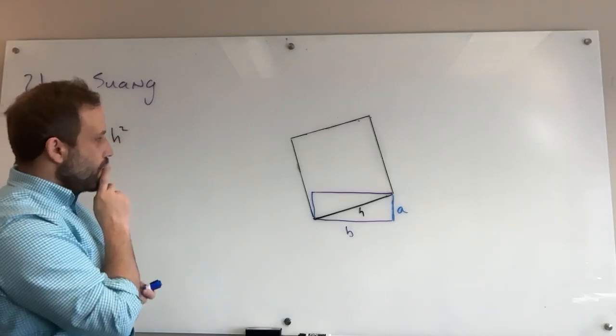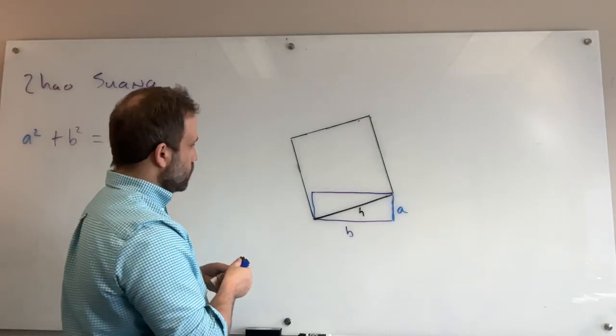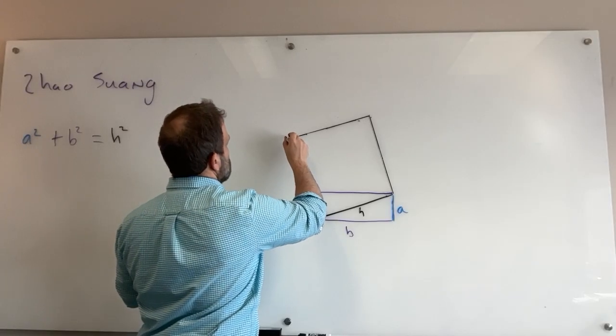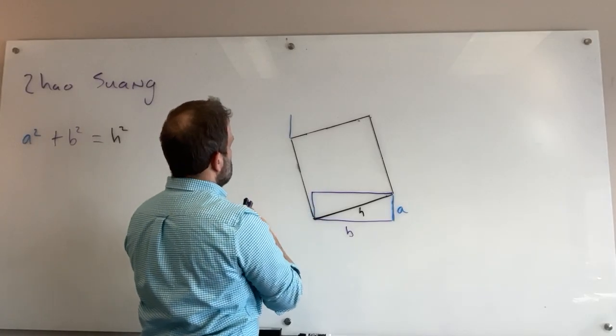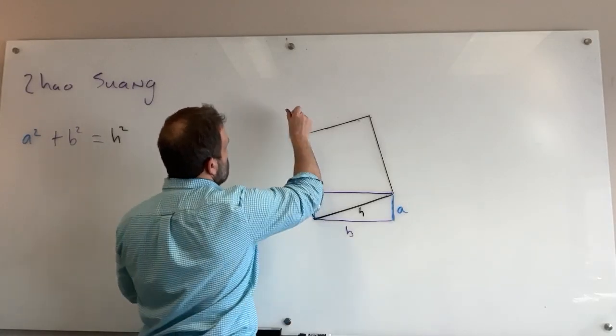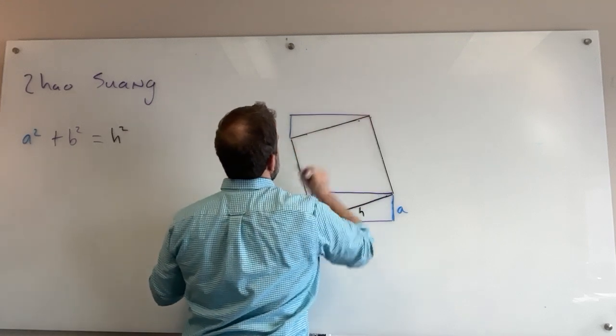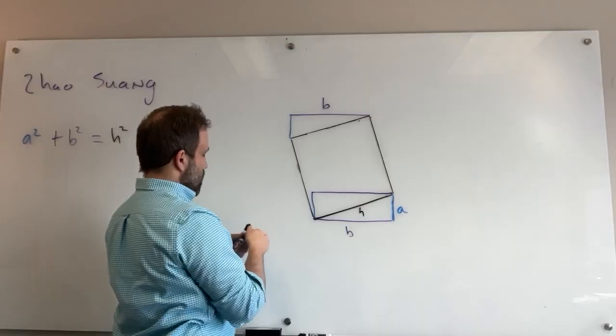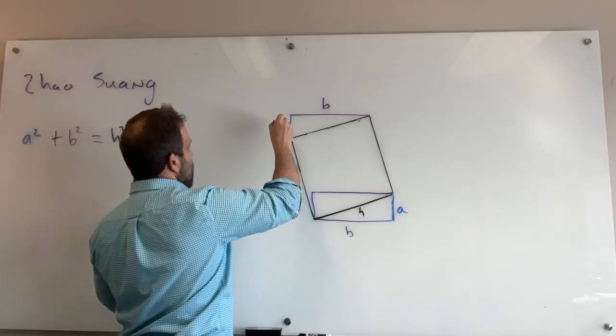Okay, now what I want to do is draw this right triangle, but up here. So it's going to be like this. Okay, and so this is B, and this is A.